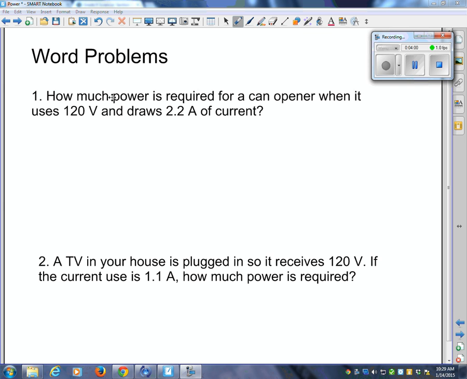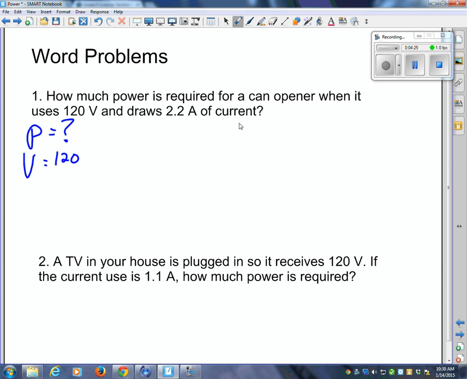How much power? We are solving for P. P is our question mark. How much power is required for a can opener when it uses 120 V? 120 V, that is the voltage, and draws 2.2 amps of current.